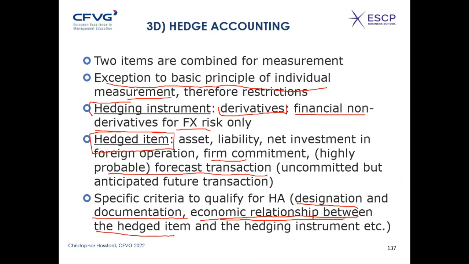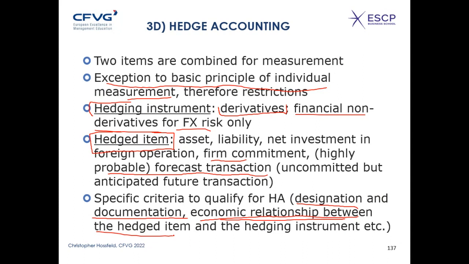As soon as I do not fulfill any of those requirements anymore, okay, so no more economic relationship. By the way, I forgot to say this, the hedge effectiveness, the economic relationship, I need to do this at the beginning of the hedge. So ex ante, I need to prove that based on historical evidence, well, yes, in the future, those two items will be effective.